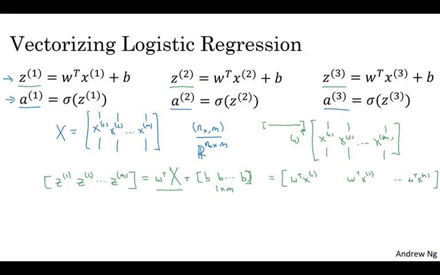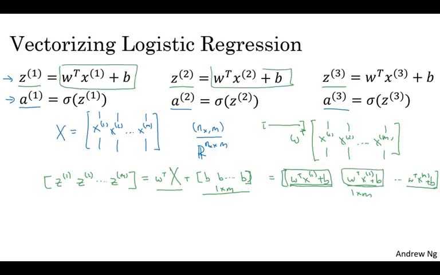And then when you add this second term, b, b, and so on, you end up adding b to each element. So you end up with another 1 by m vector, where that's the first element, that's the second element, and so on, and that's the mth element. And if you refer to the definitions above, this first element is exactly the definition of z1. The second element is exactly the definition of z2, and so on.